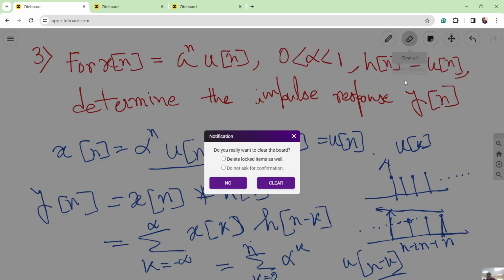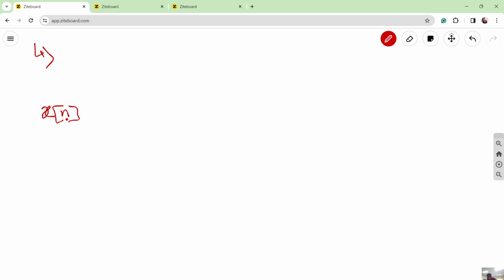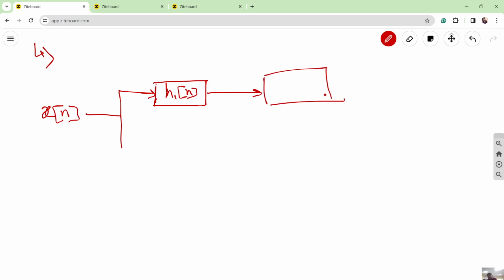Now let us go to the next question. With signal x of n, it goes to h1 of n, and then it goes to h2 of n, then it sums up.